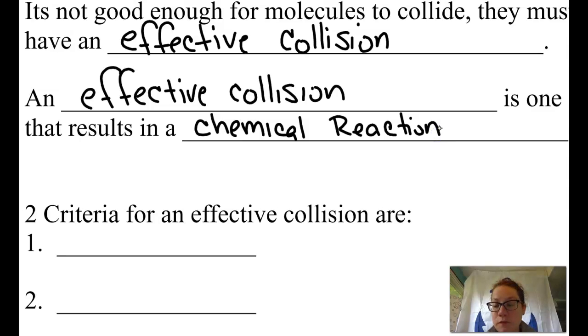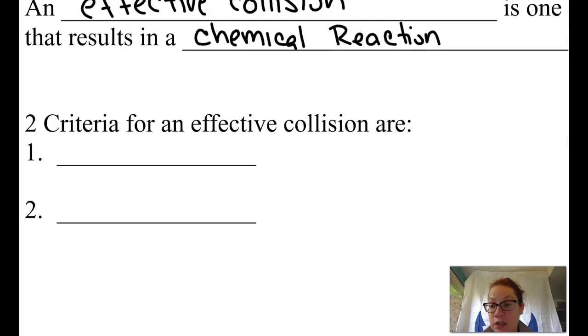All right. So there are two criteria for an effective collision. The particles need to have enough energy when they collide in order for the electrons to move. So I'm going to simulate that. If I have the atoms come together, they can change shape and bounce off of each other.